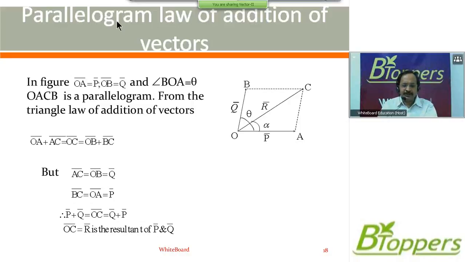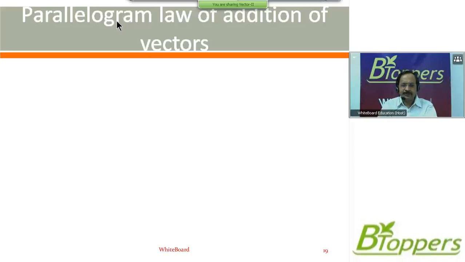OC bar represents the resultant of the two vectors P bar and Q bar, which is denoted by R bar. Alpha is the angle made by the resultant R bar with the first vector P bar. That is in the figure, angle COA equal to alpha.